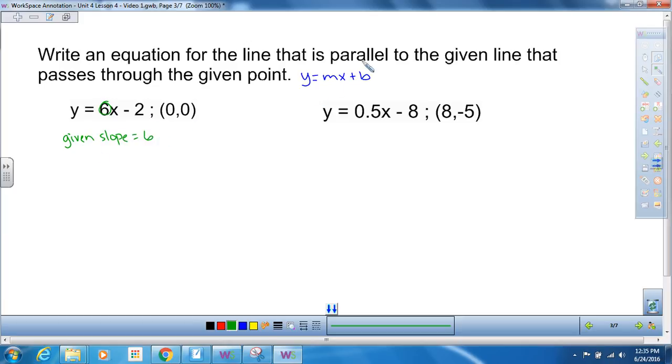We're doing parallel, so parallel lines have the same slope. So I'm going to use 6 again. And then this is my point I want to use. So I'm going to use point-slope form first and then change that to slope-intercept.